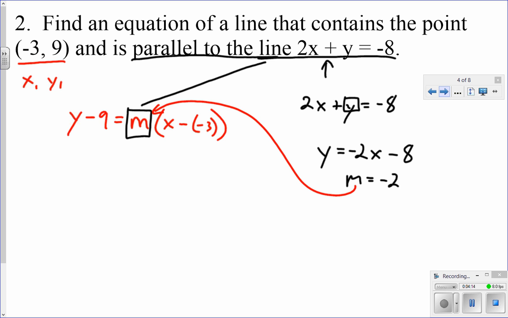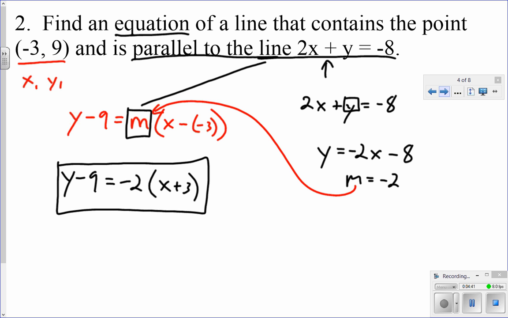So as I plug that in here, I get y minus 9 equals -2 times the quantity x plus 3. I'm just going to leave it there in point-slope form. It's not telling me what form it needs to be in, so I might as well just leave it here and not make any mistakes trying to put it into a separate form.